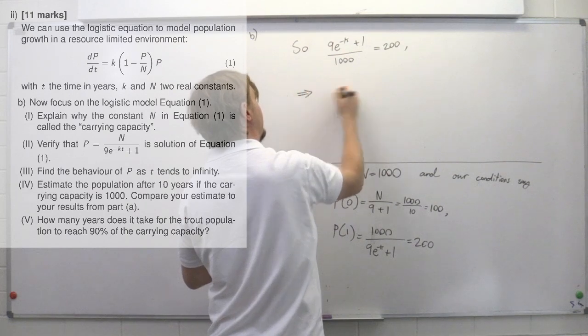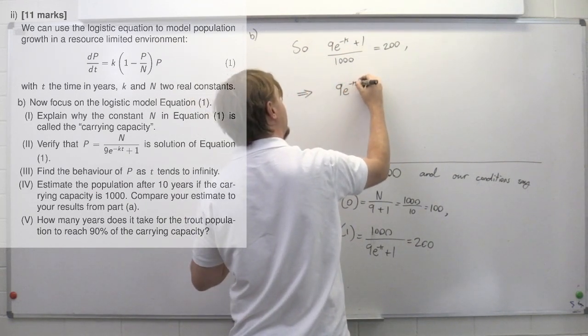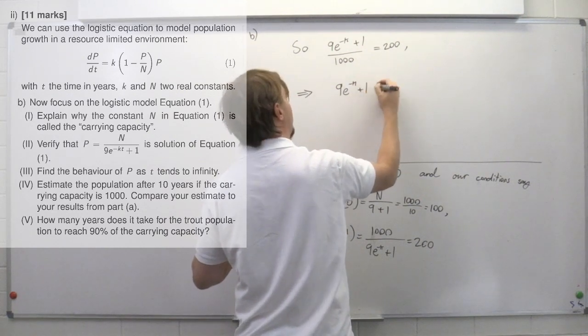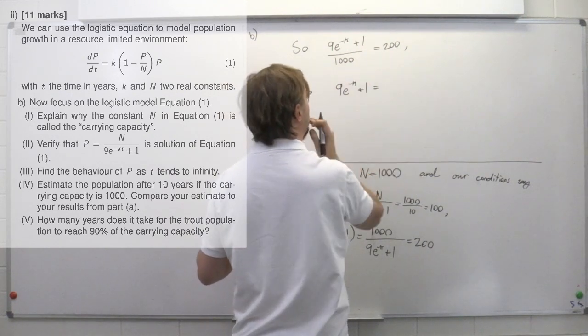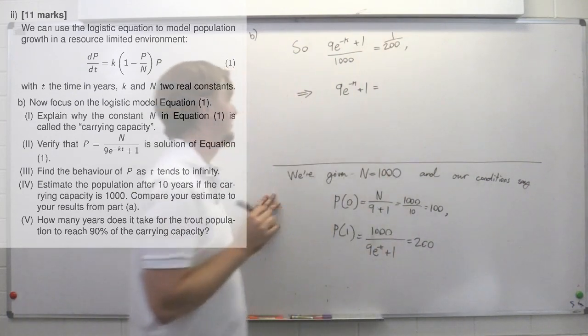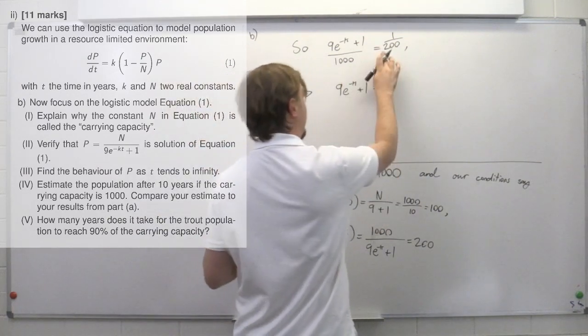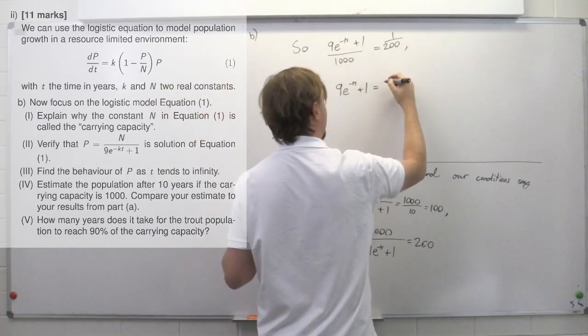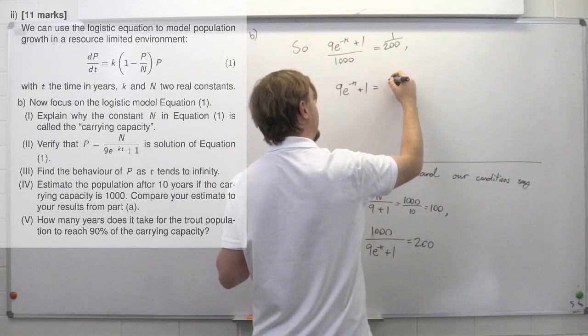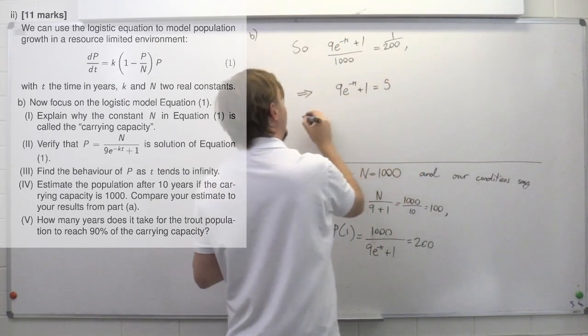So that gives us 9e to the minus k plus 1. I made a mistake, it's 1 over 200, so I flipped both sides over. So I'm going to multiply this by 1,000. 1,000 divided by 200 is 5.